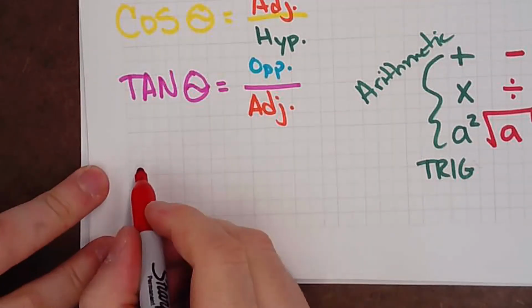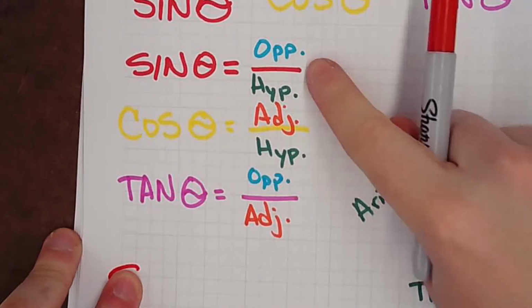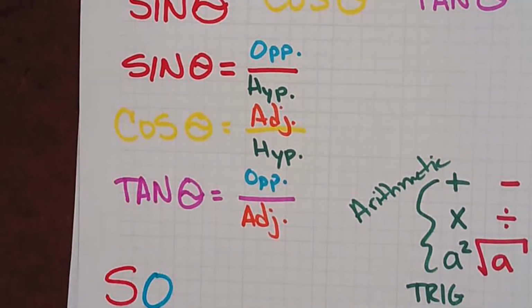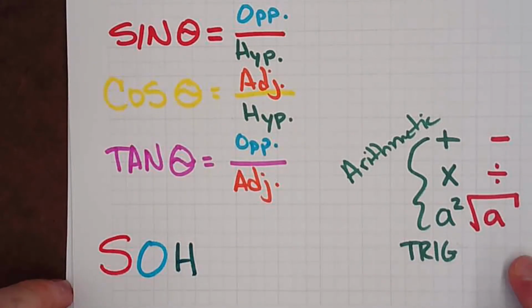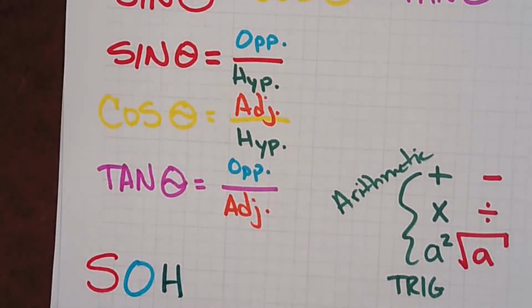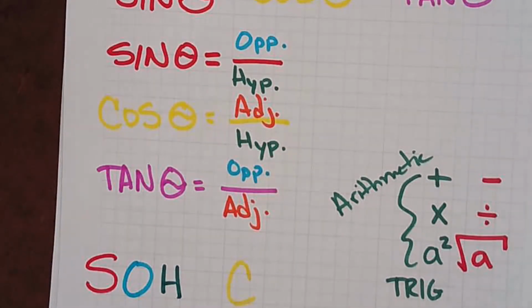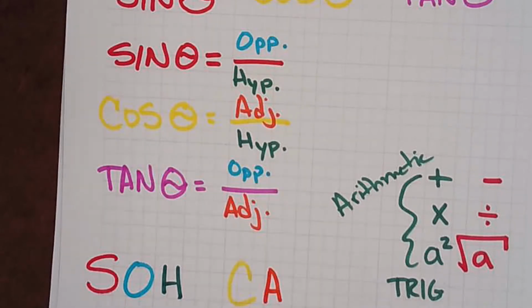So sine starts with an S, and it's opposite over hypotenuse. S-O-H. We pronounce that so. Cosine starts with a C. And it's what over what? Adjacent over hypotenuse.